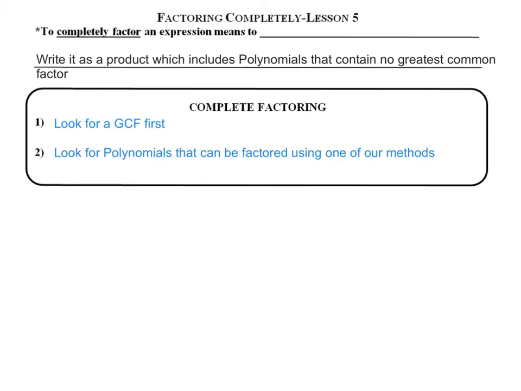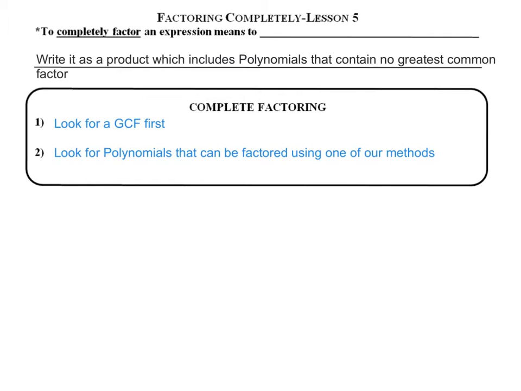If not, then I look at the next step, and even if I've already factored out a GCF, I look at the next step. I want to find polynomials that can be factored using one of the methods that we've talked about so far.